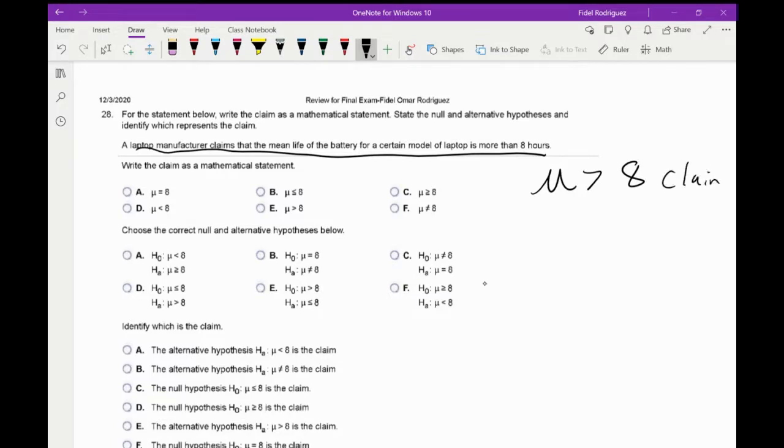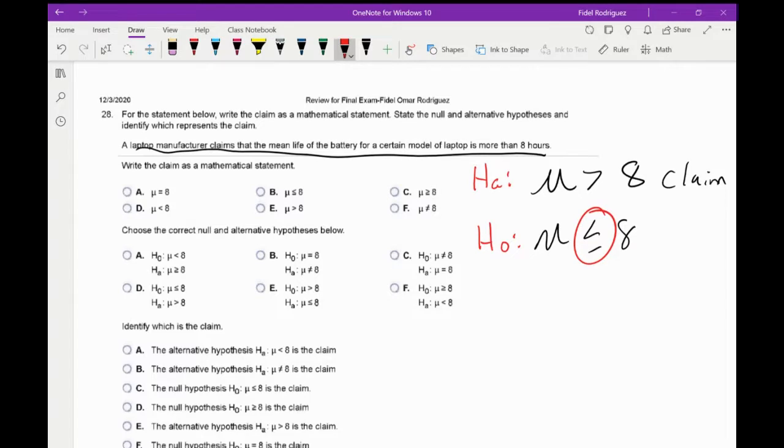This is our claim, right? Okay, so guys, let me ask you a question. What is the opposite of saying something is bigger than 8? Less than or equal to? Less than or equal to. Excellent. Okay, so now remember, this is my null, and that's my alternate. The null always has the equal to part.